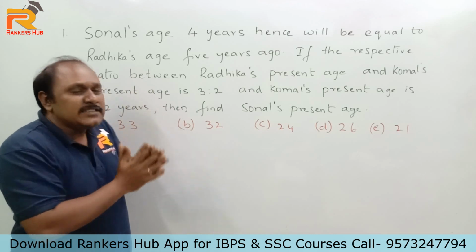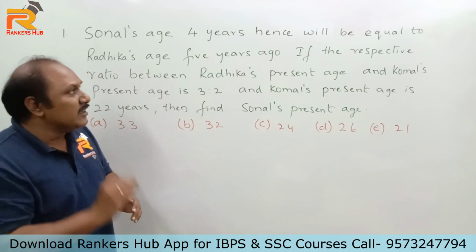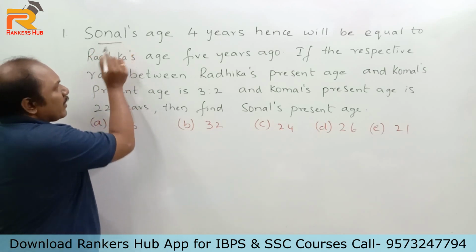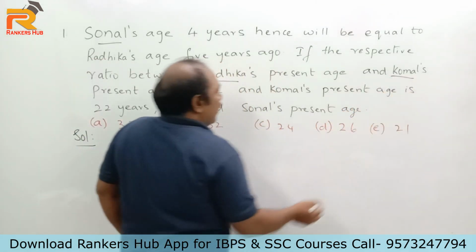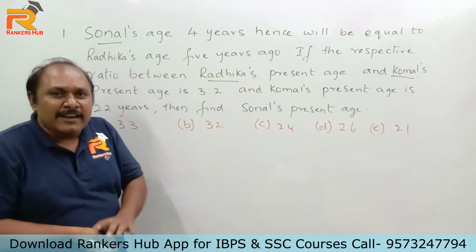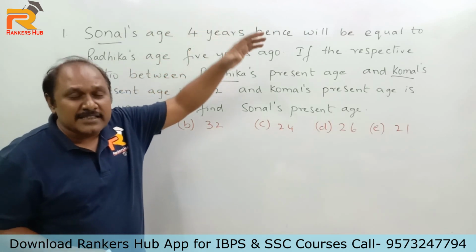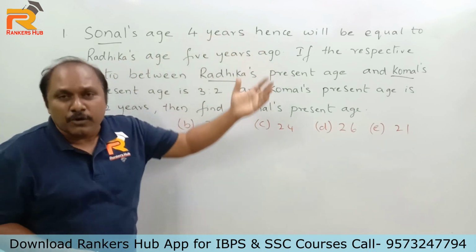Now, if you analyze this question, how many girls are there? You can see there are 3 girls. Who are they? Sonal, Radhika, and Komal. Now, there is some relation given between them. Sonal's age 4 years hence, that is after 4 years, will be equal to Radhika's age 5 years ago.